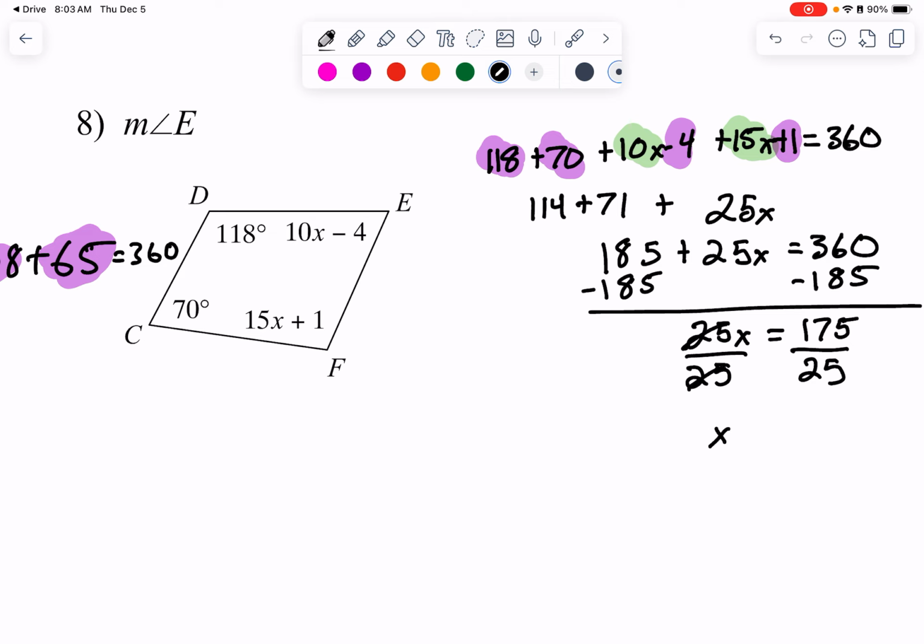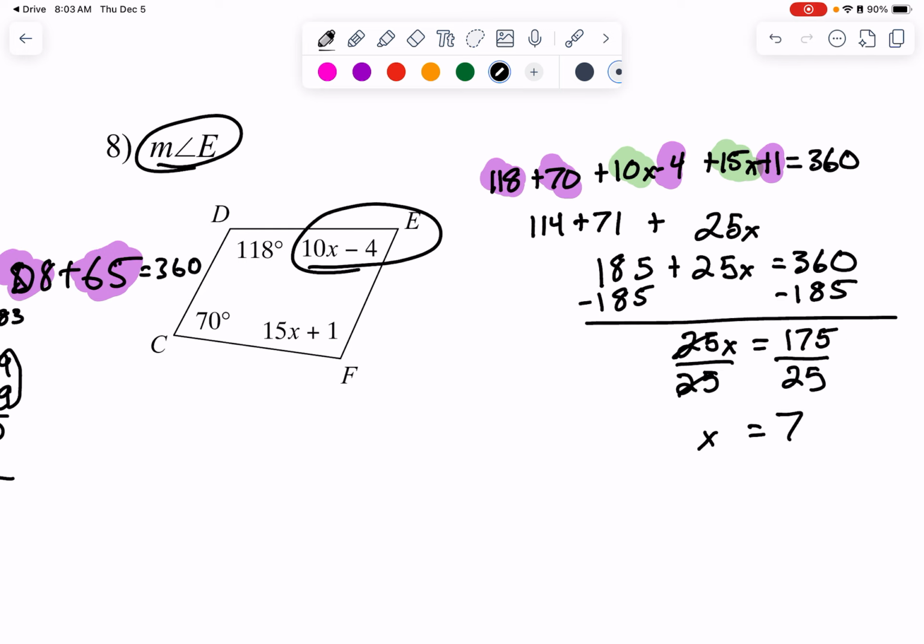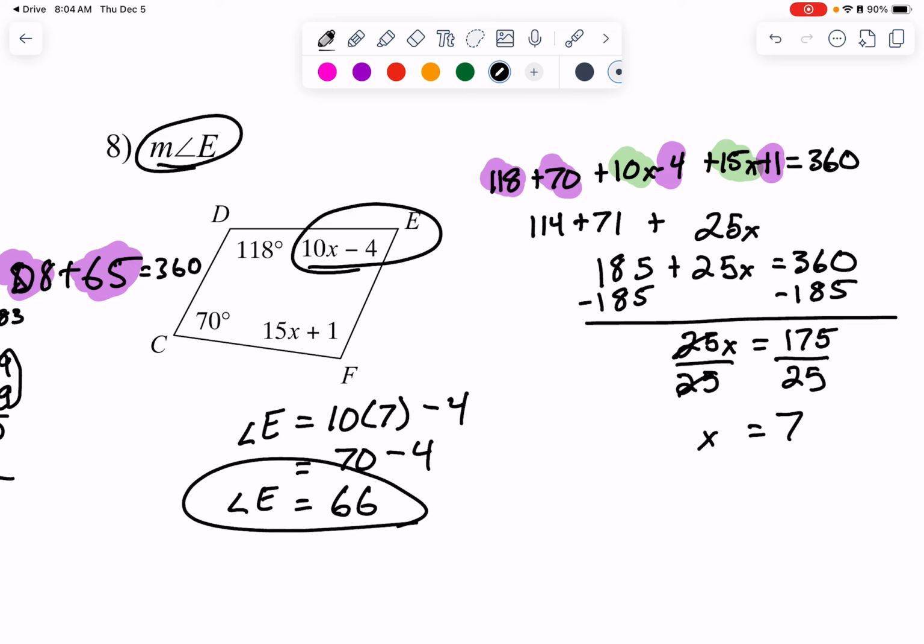The other side, it would be like 7 quarters. So that's $1.75. X equals 7. Am I done? No, because measure of angle E is 10x minus 4. So angle E equals 10 times 7 minus 4, which is 70 minus 4, which is 66. So angle E equals 66.